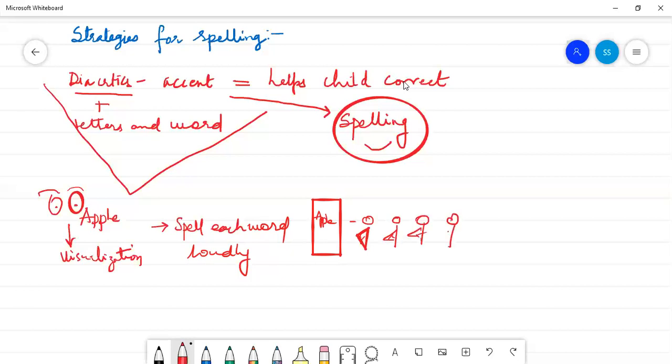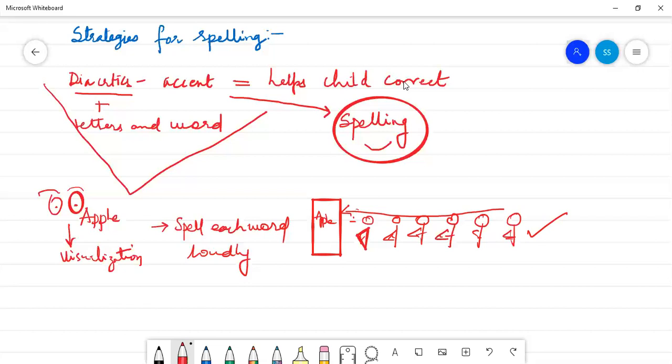This is how it gets into memory, and this is how the child initially visualizes. When the child is near the board, he's seeing clearly. When he goes farther, he tries to visualize the same word with some difficulty, but still the child is visualizing. When he goes farther still, the child may not be able to see, but he's pronouncing correctly. So we need to understand this is one strategy.